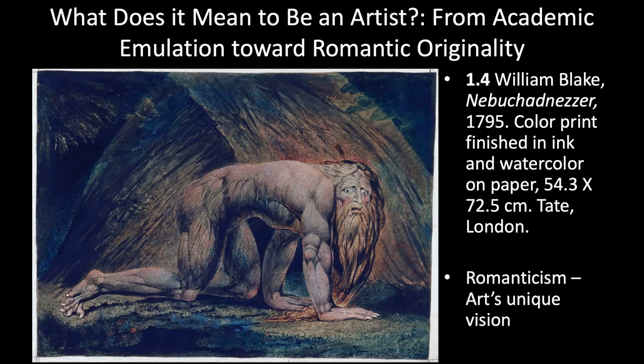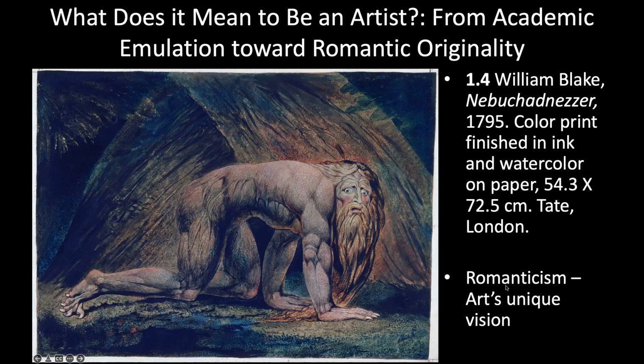And in a way, that's to kind of look at the paintings we looked at before and be a contrast. So it's a reaction to the rationality. Instead, you want to be emotional. And on top of that, you don't necessarily want to copy what other people do, but you want to look at things through your own feelings, through your own lenses. So romantic art values artists doing their own thing.